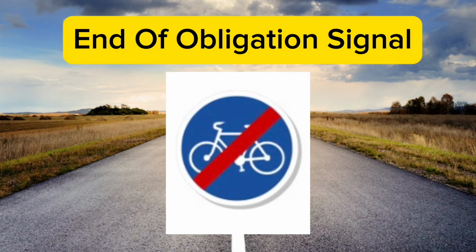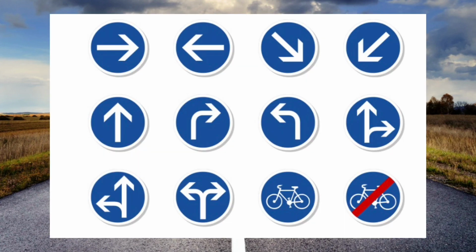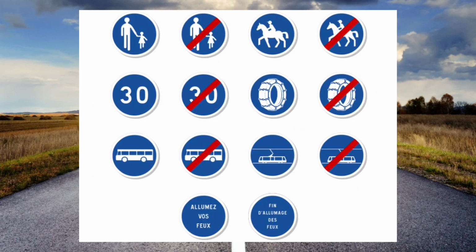End of obligation signals are round in shape, with a blue background and barred with red. An end of obligation signal indicates the place from which a previously reported obligation ends for moving vehicles. The following are the examples of obligation and end of obligation signals.